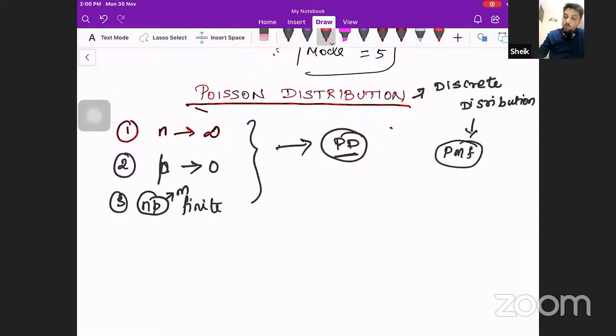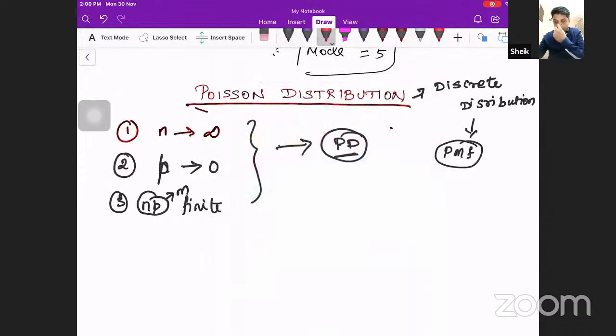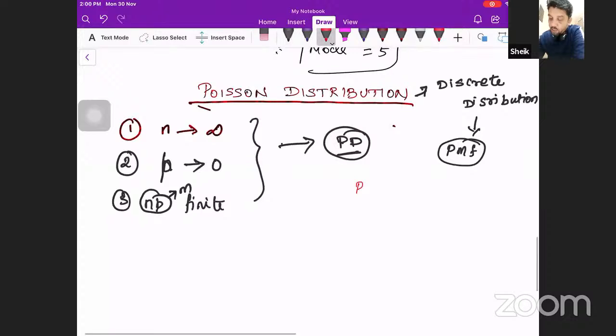So what is the probability mass function of a Poisson distribution? P of X equals x is equal to e power minus m, m power x, divided by x factorial.